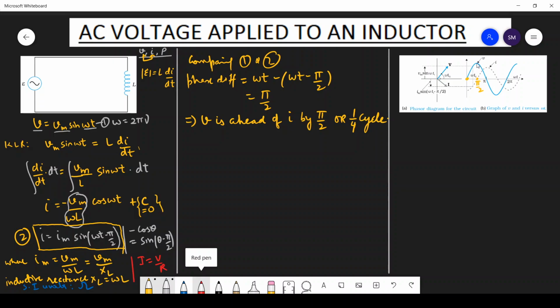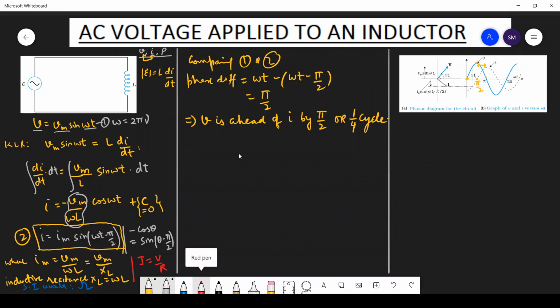See one more case. Voltage reaches maximum at pi by 2, whereas current reaches maximum at pi. So again, current is pi by 2 radians lagging than voltage. So here the phase difference, voltage ahead, here also voltage ahead by pi by 2 radians.